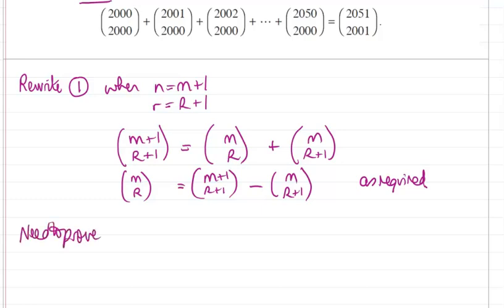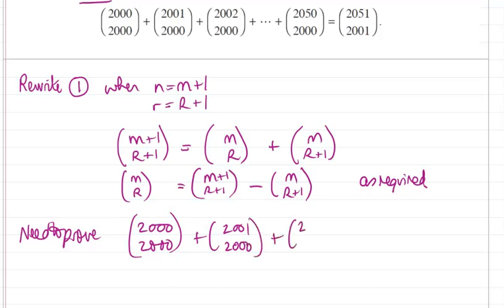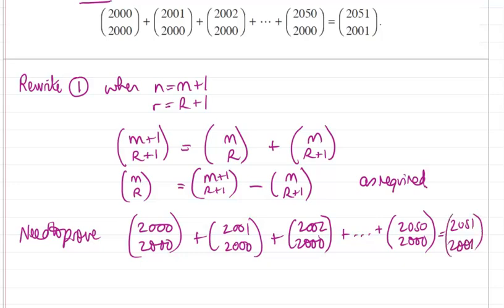I need to prove 2000 choose 2000 plus 2001 choose 2000, plus 2002 choose 2000, all the way up to 2050 choose 2000 equals 2051 choose 2001.